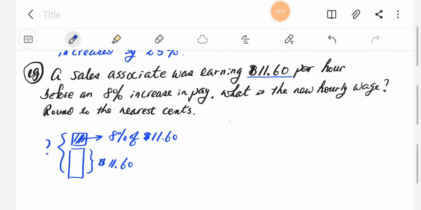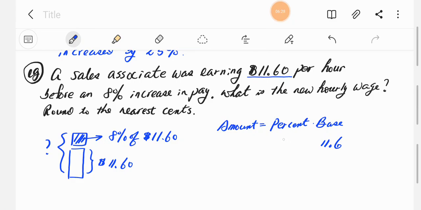Okay, so here's amount equals percent times base. PBA, percent times the base. PB equals A, or A equals PB. So the base is 11.6, right? And then the percent, so 8%.